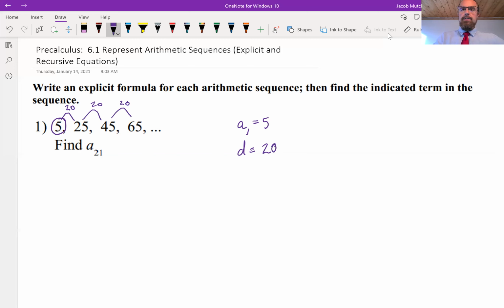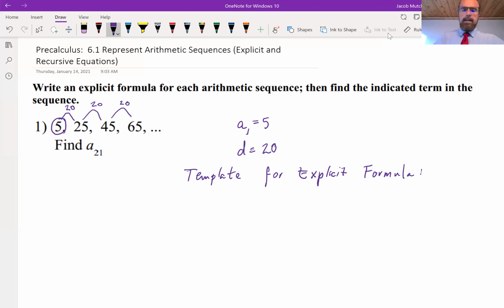All I need now is the template. So the template for an explicit formula for an arithmetic sequence would go as follows.